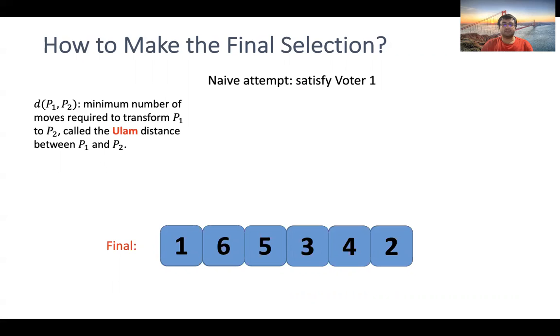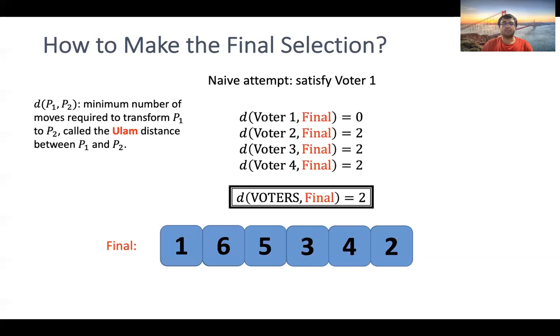In this particular feasible solution which was provided by the naive algorithm, the distance of voter 1 to the final election result was 0. Thus, voter 1 is completely satisfied. But voters 2, 3, and 4 are quite dissatisfied, having to make 2 changes.